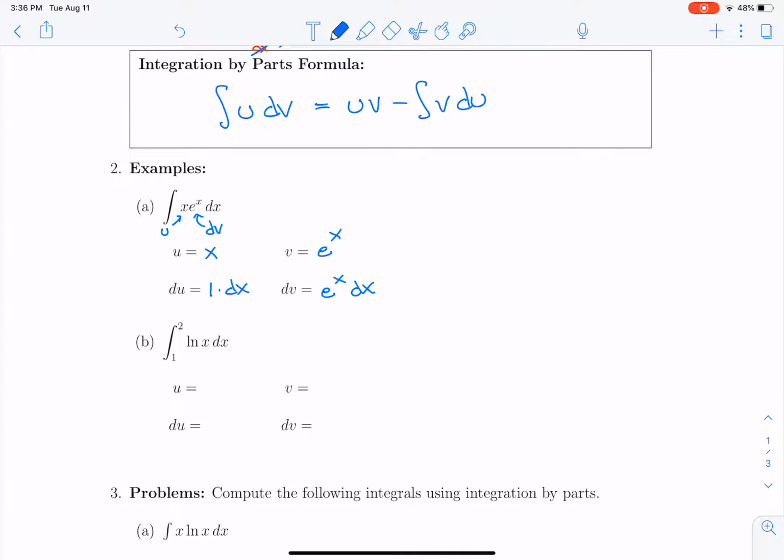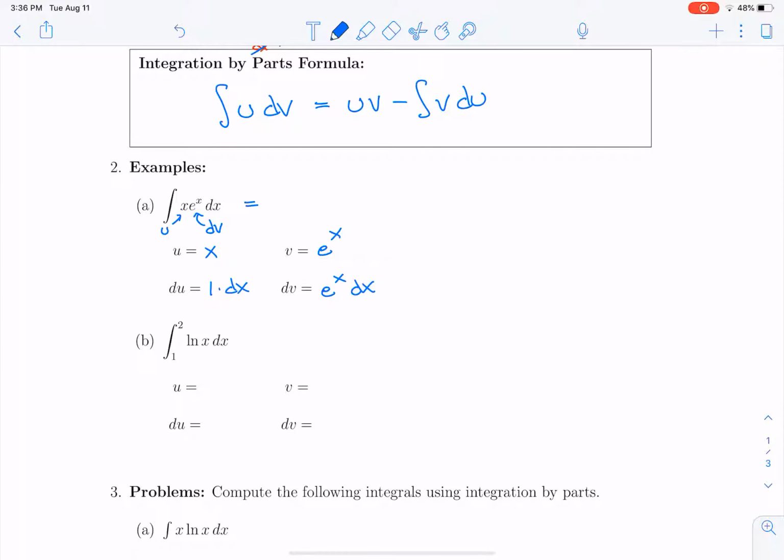I'll notice that the du is now simpler than u was, because by taking the derivative of x, I now just have 1 there. And that's generally how you choose which one is u and which one is v. We want to take the derivative of u and make it simpler, and then we want dv to be something that is easily anti-differentiated.